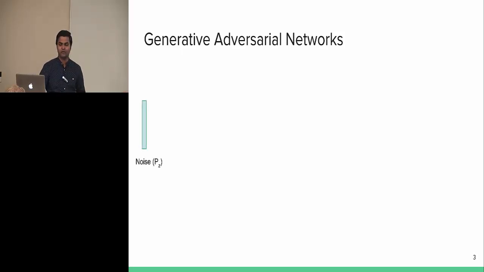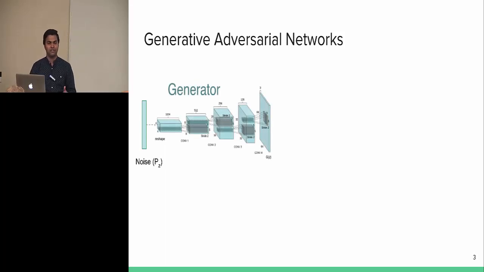The input here is noise to the generator, which is sampled usually from a Gaussian or a normal distribution, which we call PZ, and we pass this to the generator, which will first reshape this noise into a 3D volume with image width, height and depth, and then we apply a series of deconvolutions to get to the required image shape that we want.